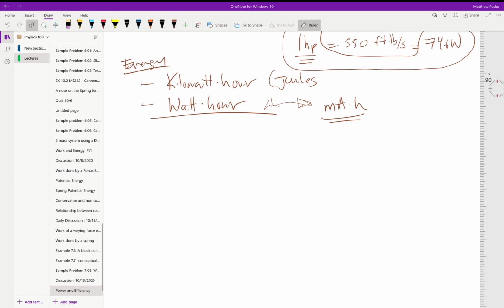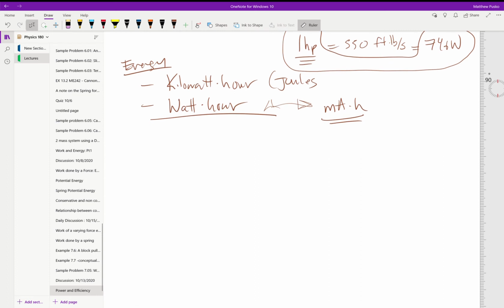Okay, let's take that derivative definition again, and let's derive one more thing. So we have power, P, is equal to the time derivative of the work. Okay, well, if you remember that work was equal to some F cosine theta, let's go ahead and substitute that in there.